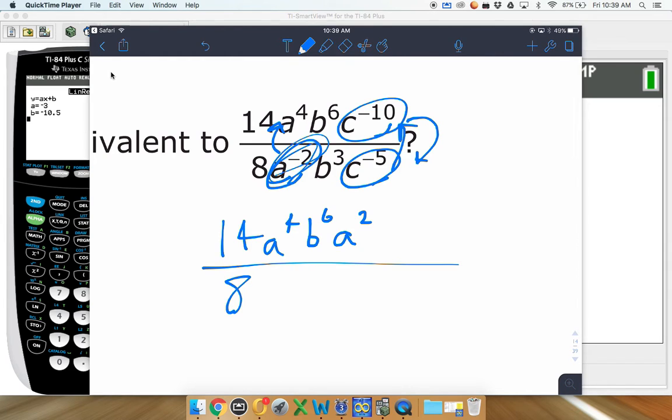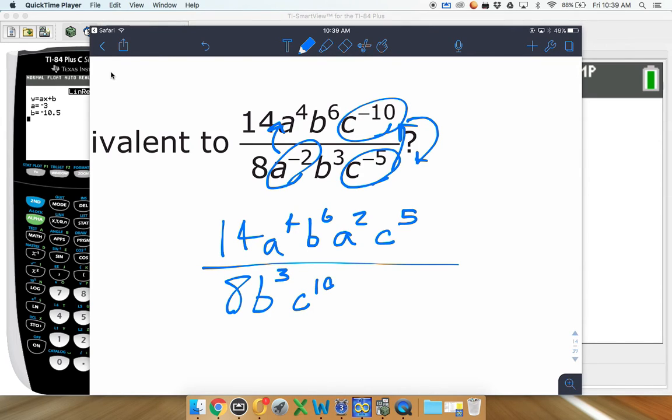That's the a from the a to the negative 2, moving up. You're bringing down the c to the 10th, so you're going to write that at the bottom, but then you're bringing up the c to the 5th. I guess we still have b cubed down at the denominator.